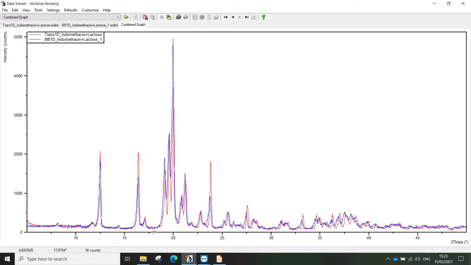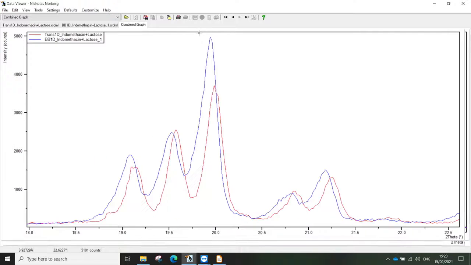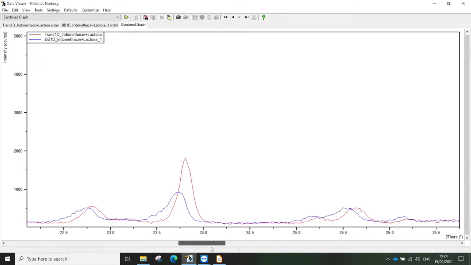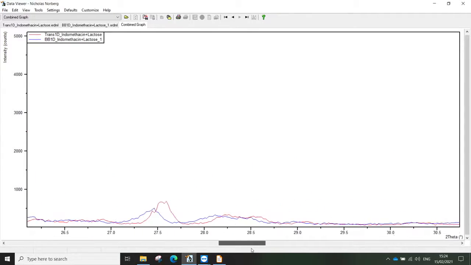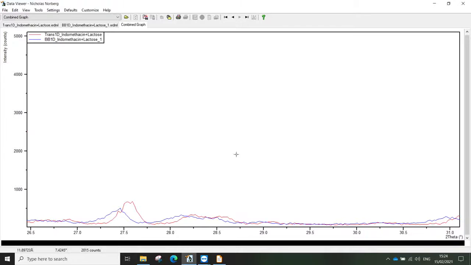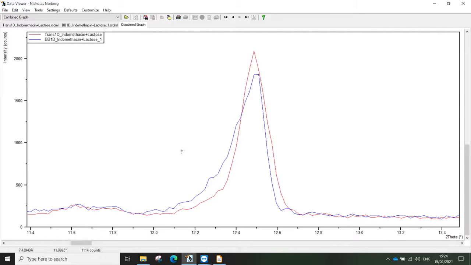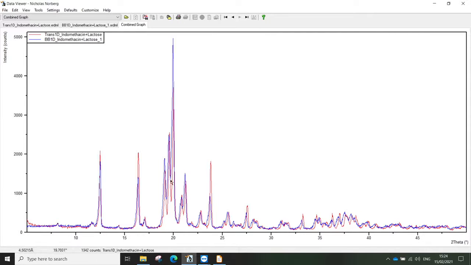However, if you look closer, you see that with increasing peak positions you have an increasing shift in the peak position in the Bragg-Brentano measurement. This is very clear when you compare the first peak. There the peak shift is quite small, but you can already see that the peak is broader.